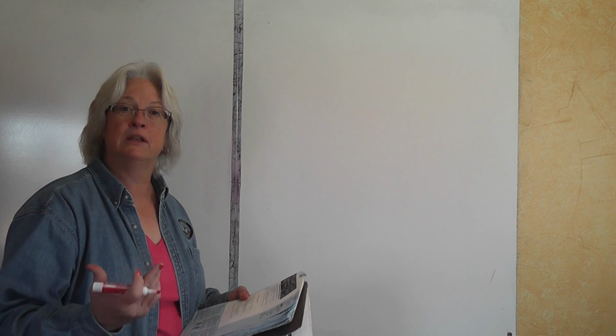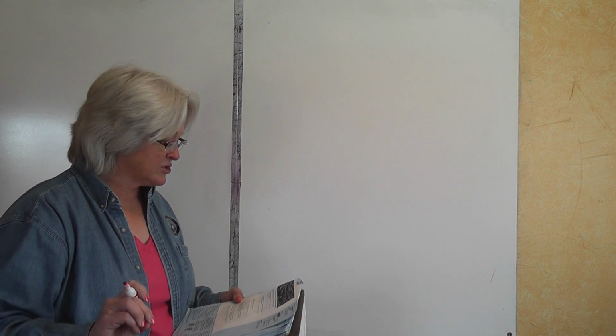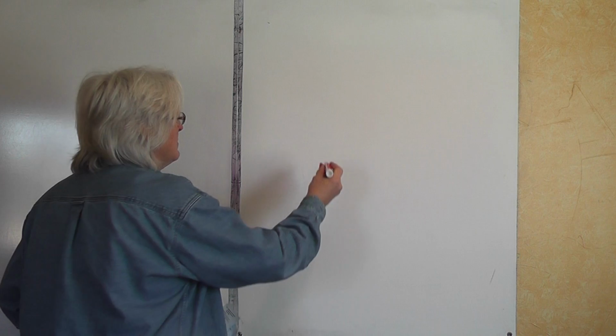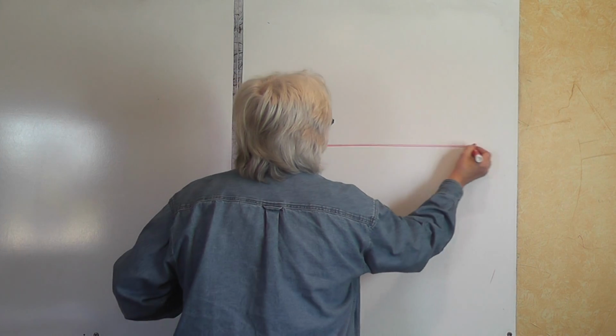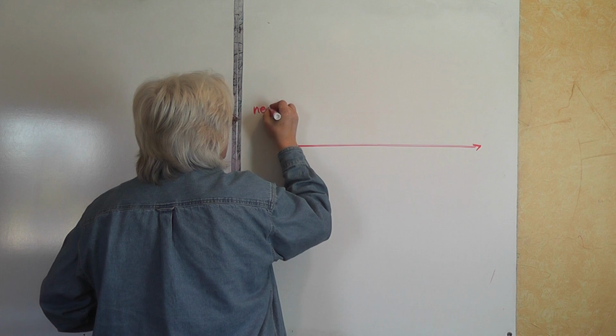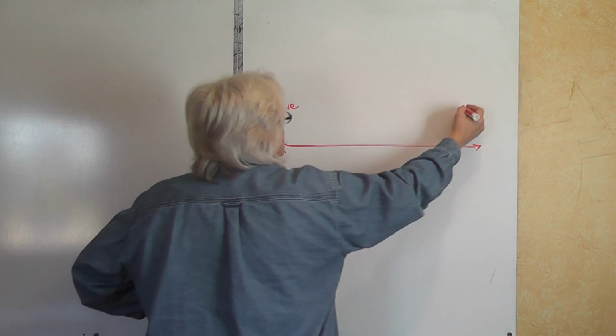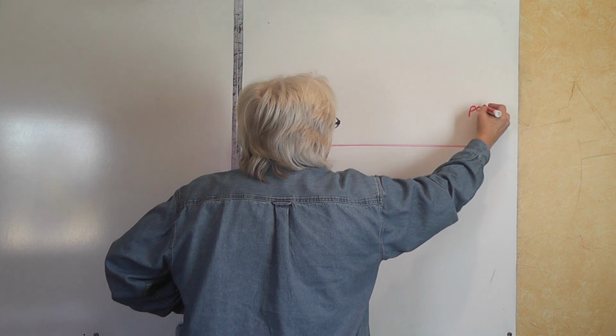So you can use a number line to help you compare rational numbers. And remember that as you move from left to right on the number line, the numbers get larger. Numbers are negative towards the left.